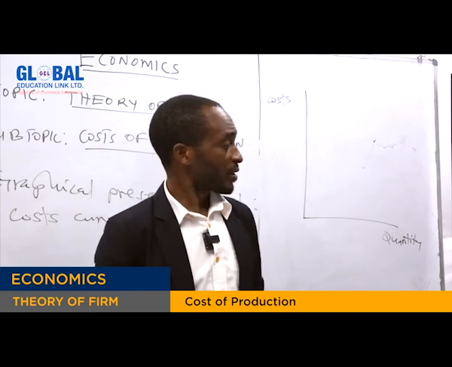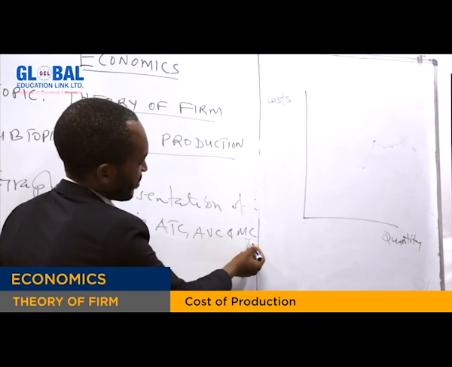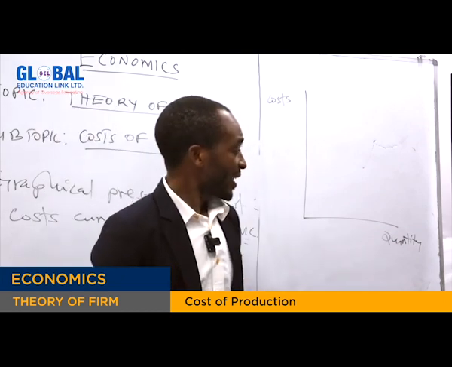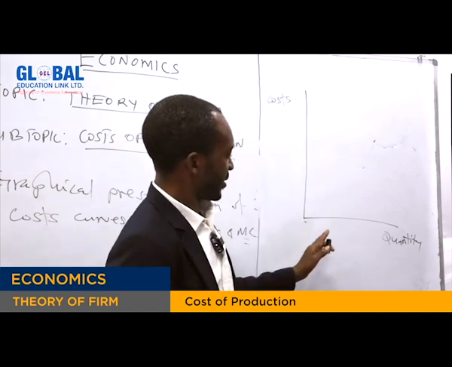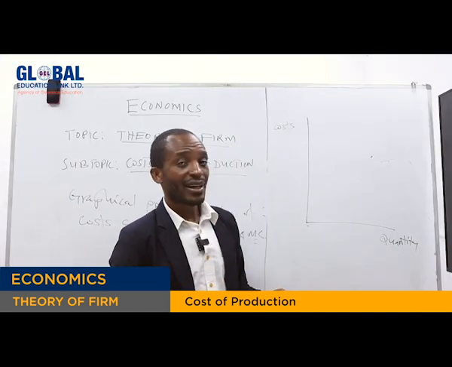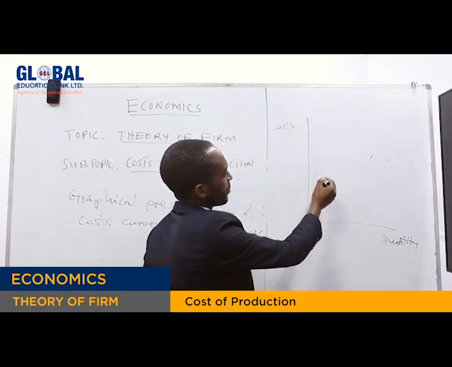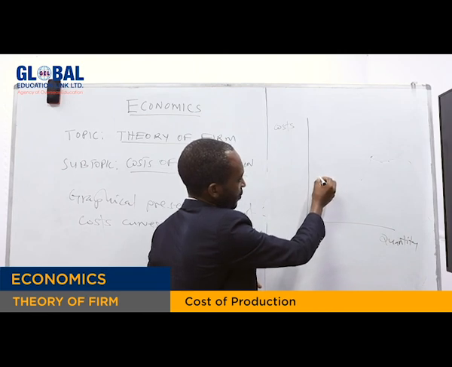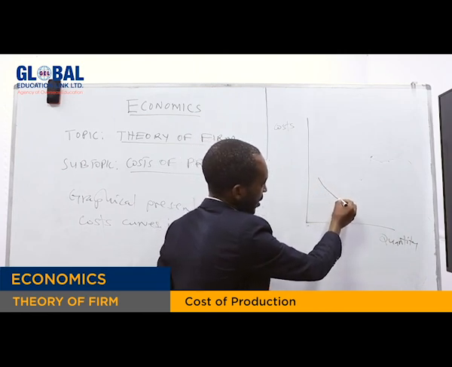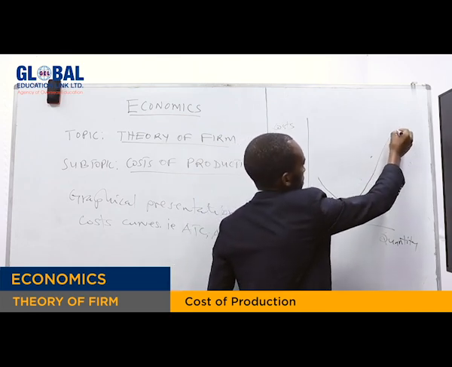When you draw this, let us start with the marginal cost. At the beginning, when the output is close to zero, the marginal cost is very high. So the marginal cost will come from above, then the cost will be falling, then will start to increase.